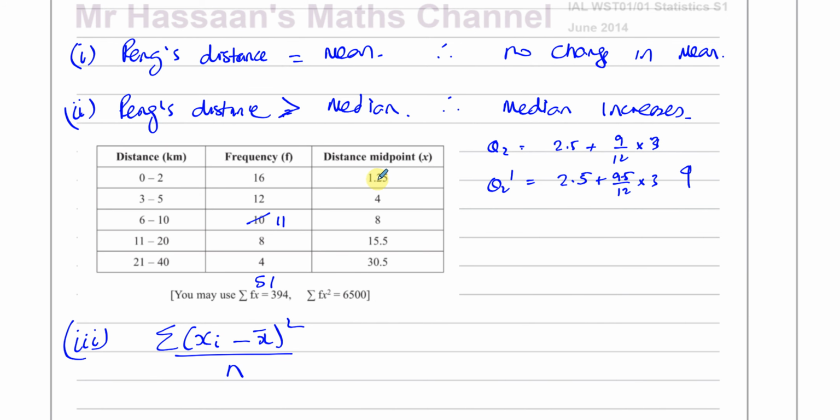So this would be 1.25 minus 7.88, squared, plus 4 minus 7.88, squared, plus 8 minus 7.88, all squared, plus 15.5 minus 7.88, all squared, and so on. That's how you'd find it.